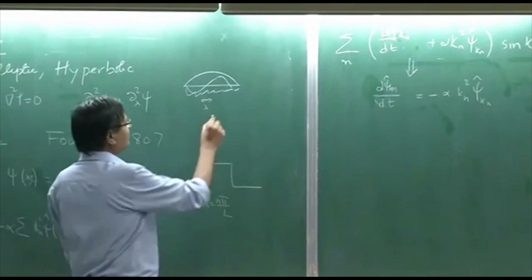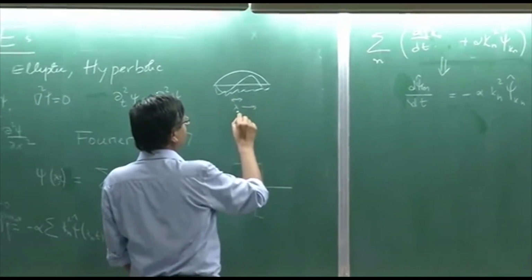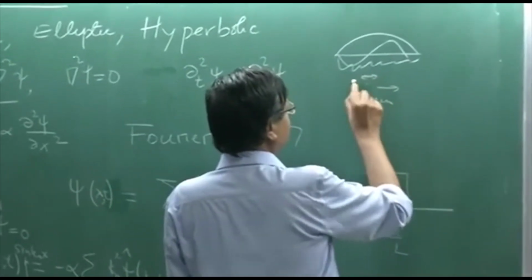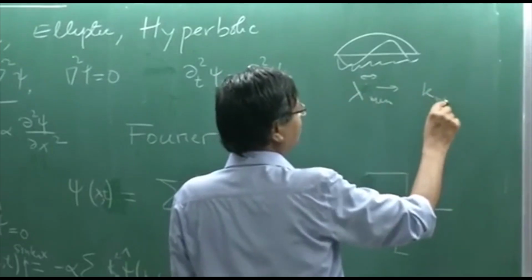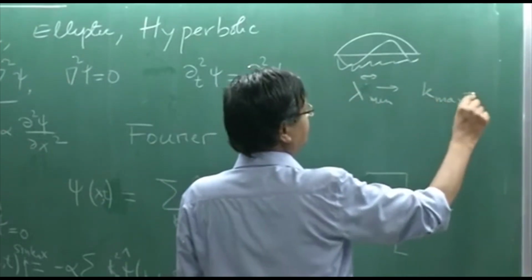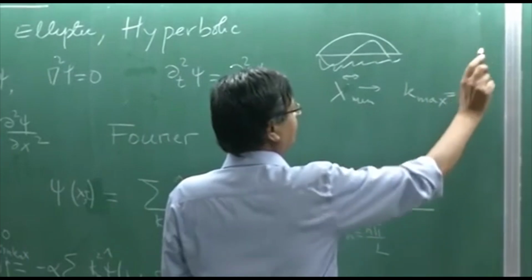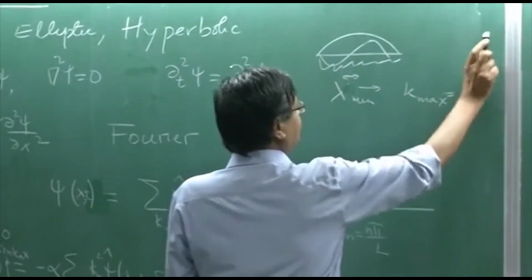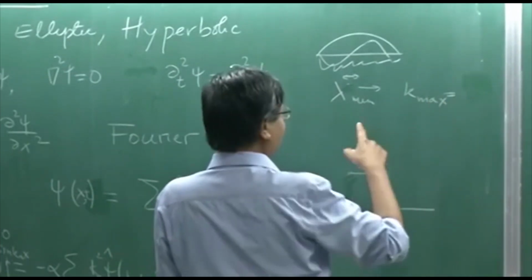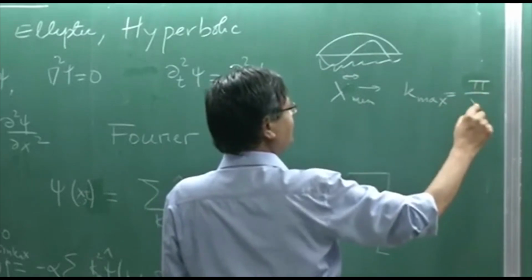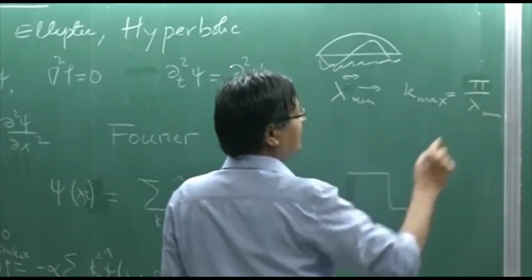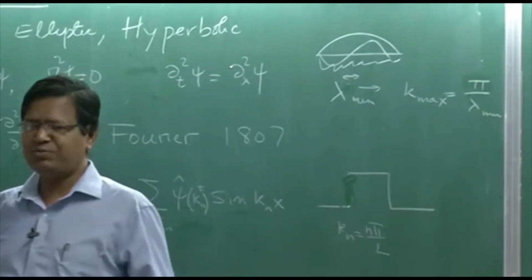and the shortest wavelength corresponds to k max, which is 2 pi by lambda min. I need to only sum up to that point. I don't need to go beyond it.